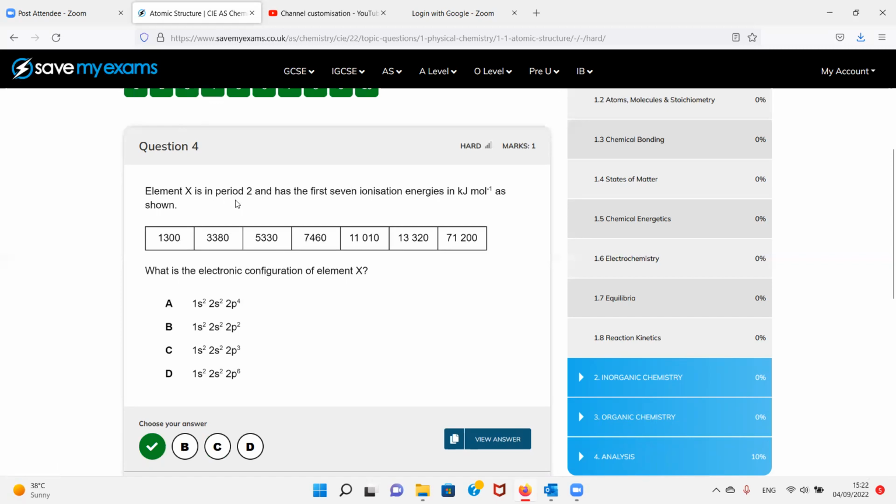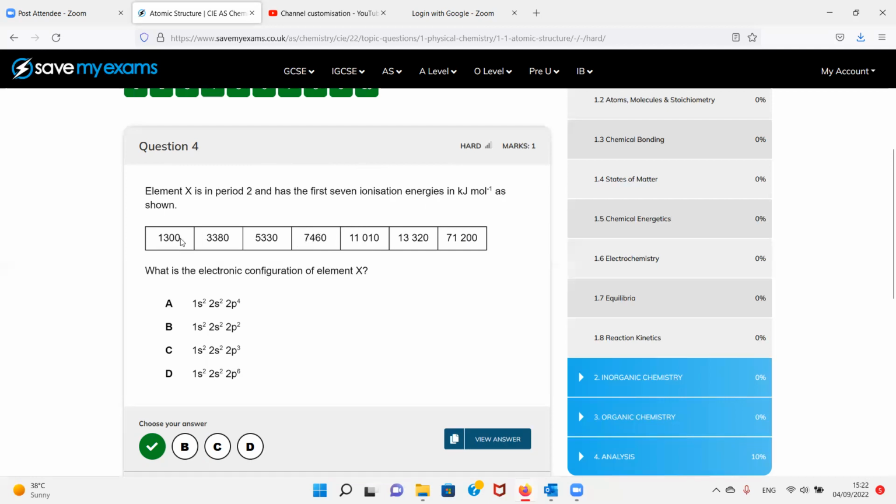Element X is in period 2 and has these first 7 ionization energies. So these are the first 7 ionization energies of element X in period 2, and these values are given in units of kilojoules per mole. So which is the electronic configuration of X? As you can see in these values, there is a jump between the fourth one and the fifth one.